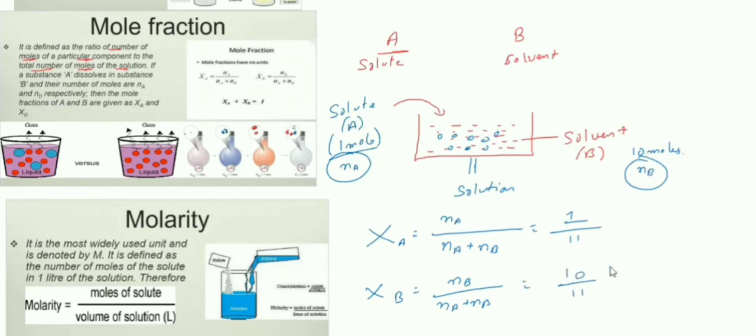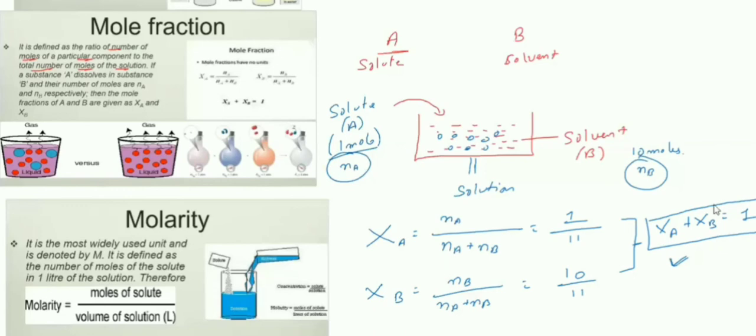Please remember, whenever you total the mole fractions, that is Xa plus Xb, it will always be equal to 1. The sum total of all the mole fractions present in the solution is always equal to 1.